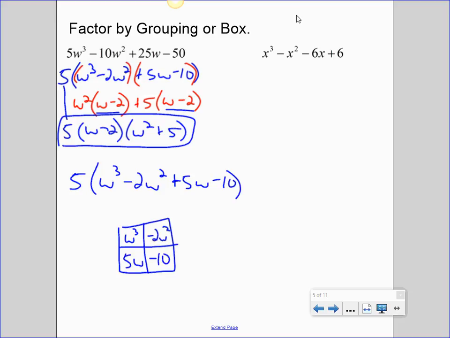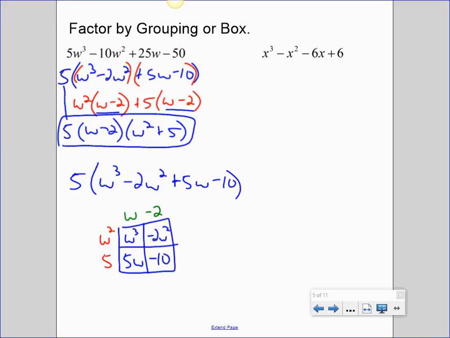Again, we would then look across columns and rows. Across the first row, there is a w squared common. Across the second row, there is a 5 common. Across the first column, there is a w common. Across the second column, there is a negative 2 common.